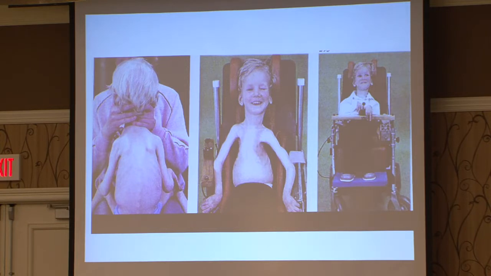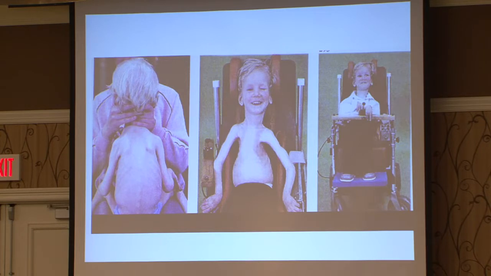However, in other neuromuscular diseases, type 1, the conditions don't necessarily affect the heart. So you can see what happens when a child is not placed on nighttime ventilation. This child is about to die. His photo was actually used in a book by a British physician on managing neuromuscular disease, and it's quite frankly disgraceful because he demonstrates exactly what not to do for the child.